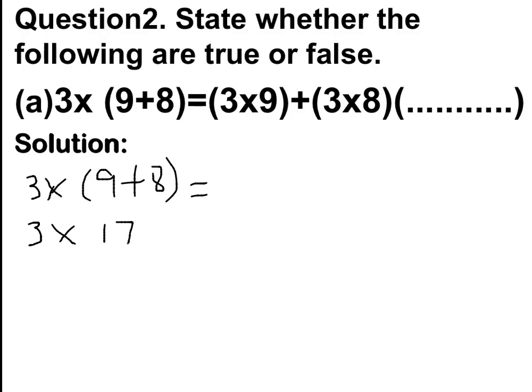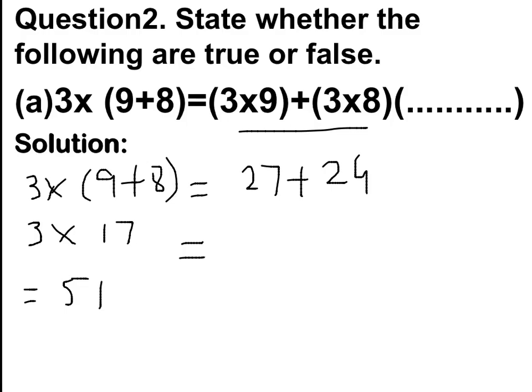17 1s are 17. 17 2s are 34. 17 3s are 51. So the answer is 51. Now we will solve this part. First we will multiply. 3 multiplied by 9 is equal to 27 plus 3 multiplied by 8. 3 1s are 3. 3 2s are 6. 3 3s are 9. 3 4s are 12. 3 5s are 15. 3 6s are 18. 3 7s are 21 and 3 8s are 24.